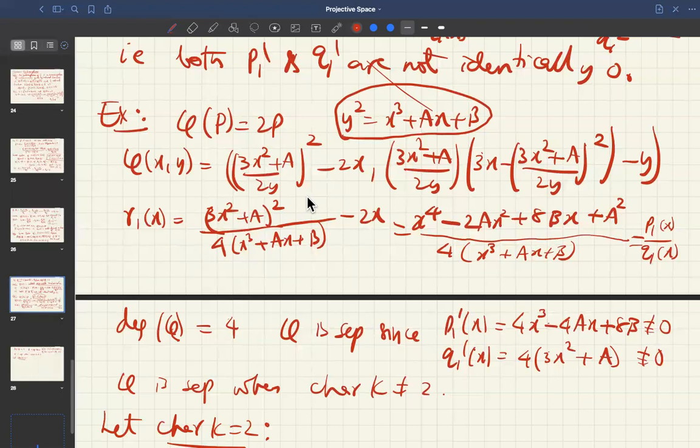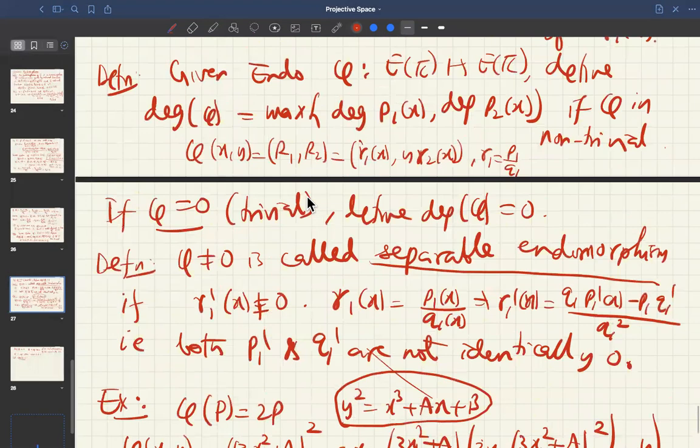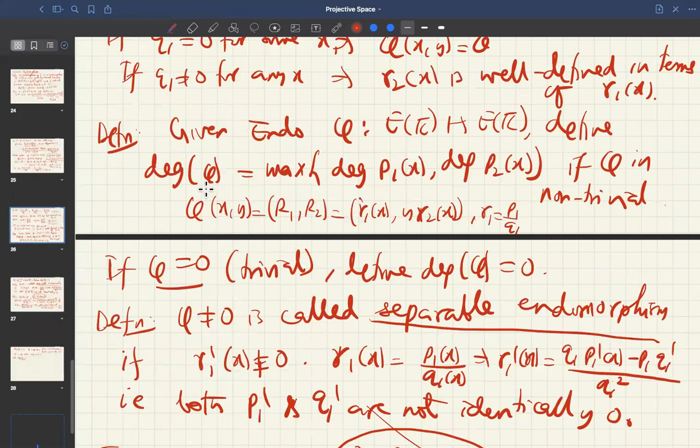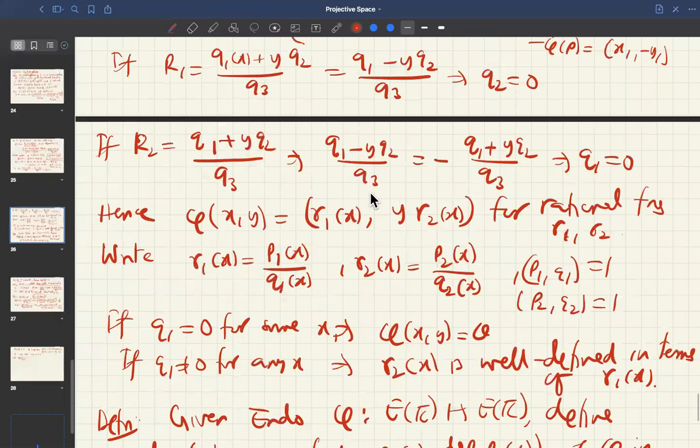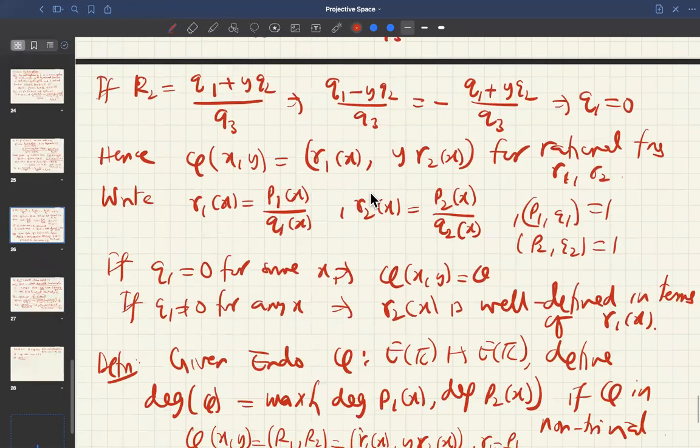Are you saying the degree of the map is considered through R1, or the degree of R1? Yes, the degree of the map. Given an endomorphism, you can write it in the form r1(x) times r2(x,y), where r1 is a rational function, which you can write as p1 by q1, where p1 and q1 are co-prime polynomials, and r2 is p2 by q2, where p2 and q2 are co-prime polynomials.